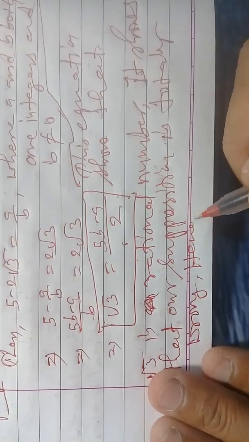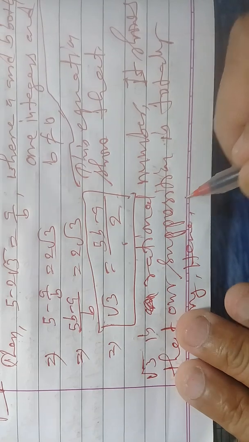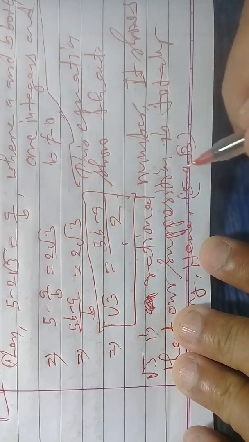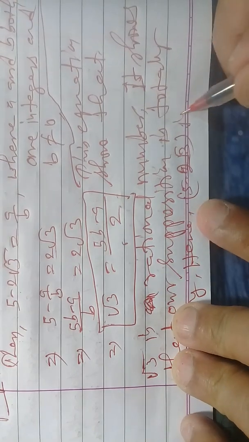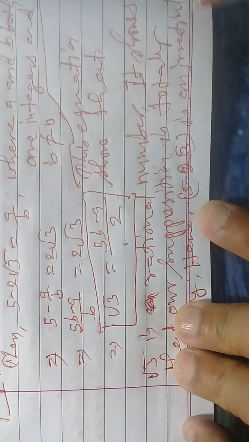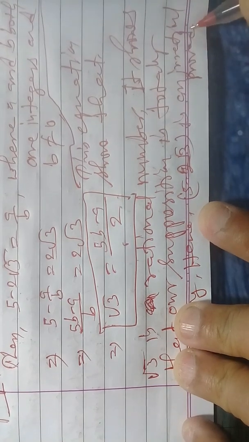Hence 5 minus 2 root 3 is an irrational number. Proved.